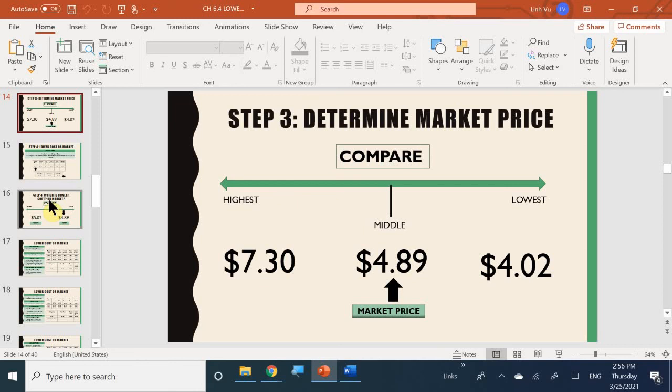What's my middle number? Is my middle number my replacement cost or my floor? That's going to determine your market. However you want to understand it, take those three numbers, put them in numerical order, whether highest to lowest or lowest to highest, and take the one that's in the middle. Straightforward. Okay.